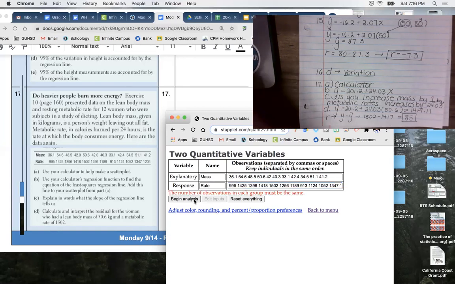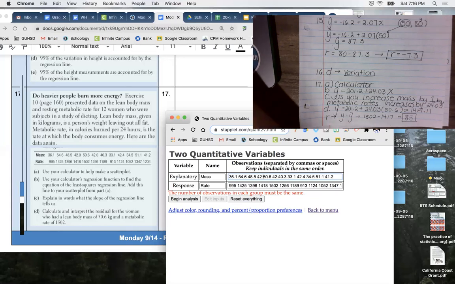I'm going to hit begin analysis. Oh no, it looks like something went wrong. So this is a good lesson: I obviously put in something incorrectly here. There it is. I'm missing 48.5.